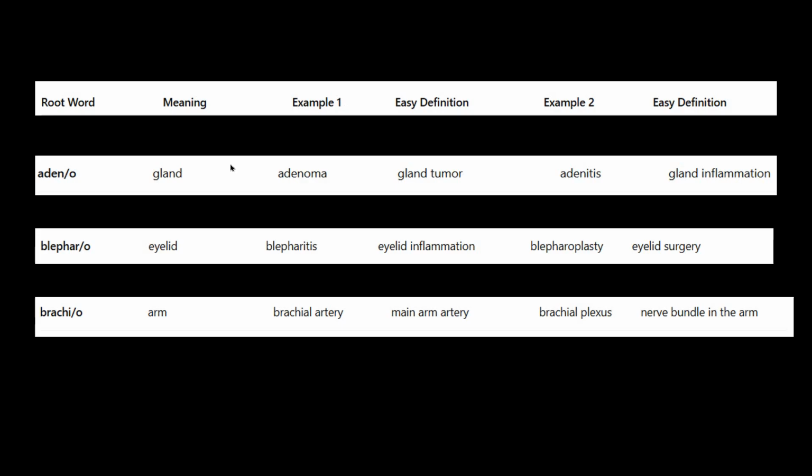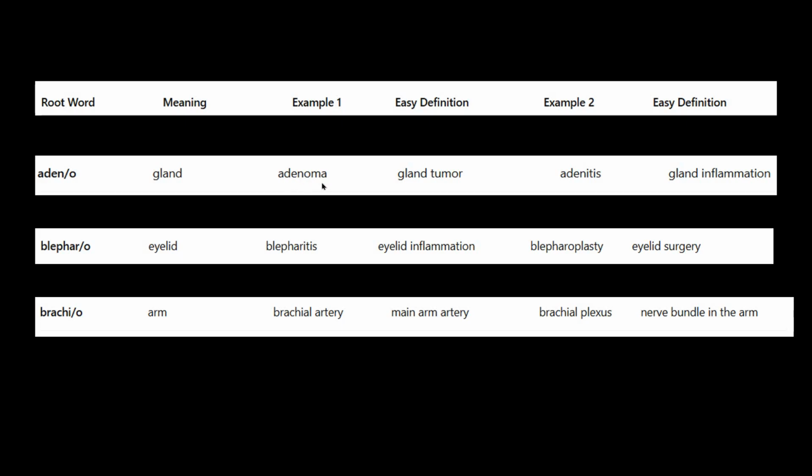Now you can see we have the first root word, that is aden or adeno. Now why do we use it? Wherever you find this root word, aden or adeno, it will indicate something related to gland. If you find something that contains aden or adeno, you can say that yes, it is related to the gland. For example, here we have adenoma.